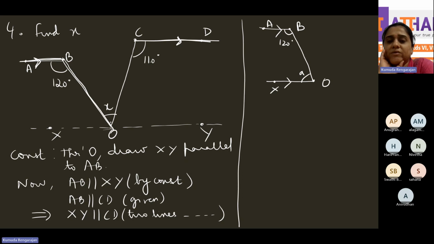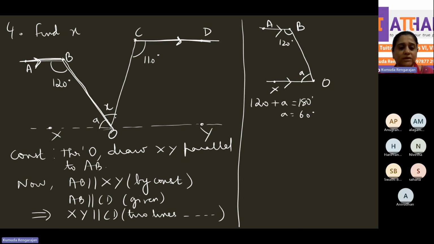And BO is the transversal. 120 plus A is equal to 180. So A is equal to 60 degrees. So we found A.